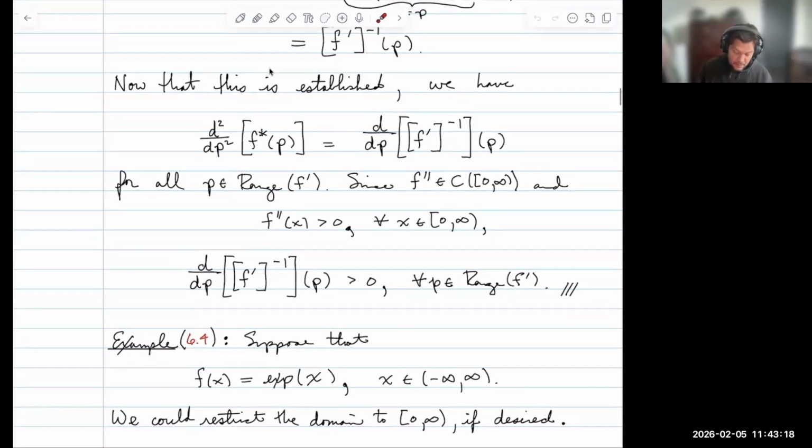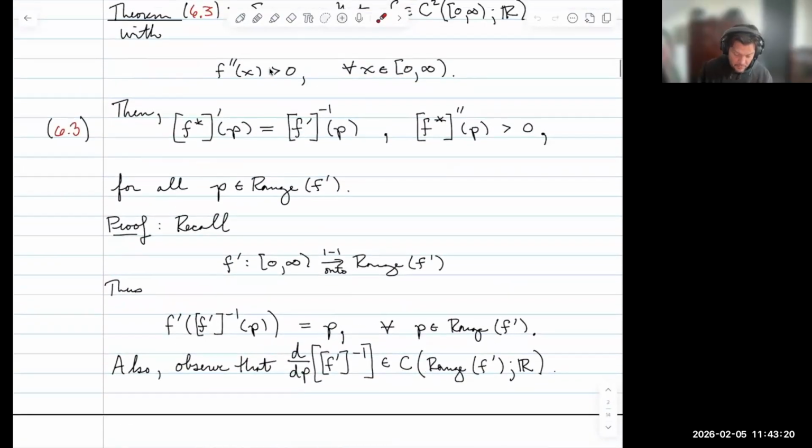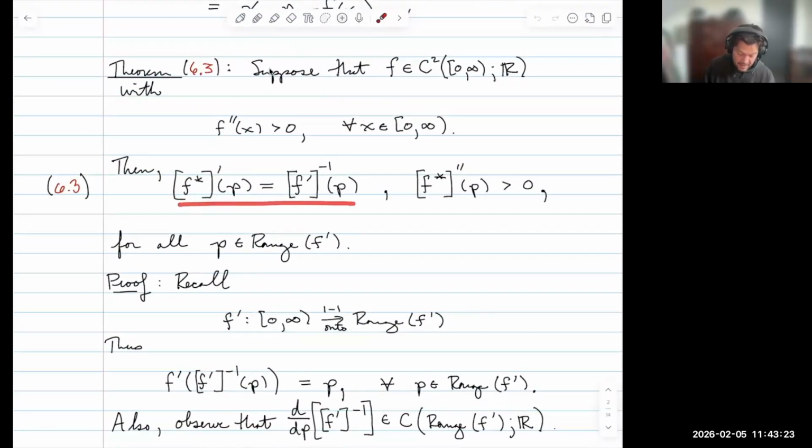So what is this saying? This is saying a couple of important things. We know the derivative of that thing, but we also know that this is a convex function of its variable. So you start off with a convex function f, you take the Legendre transform, and you get another convex function of a new variable called p. But that means that we can take the Legendre transform of the star function.